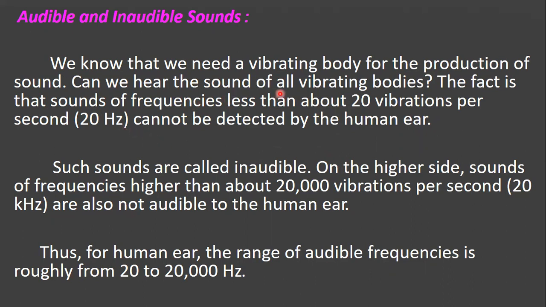See, can we hear the sound of all the vibrating bodies? We need a vibrating body for the production of sound, but we can't hear the sound of all the vibrating bodies, because sounds of frequencies less than about 20 vibrations per second cannot be detected by the human ear.